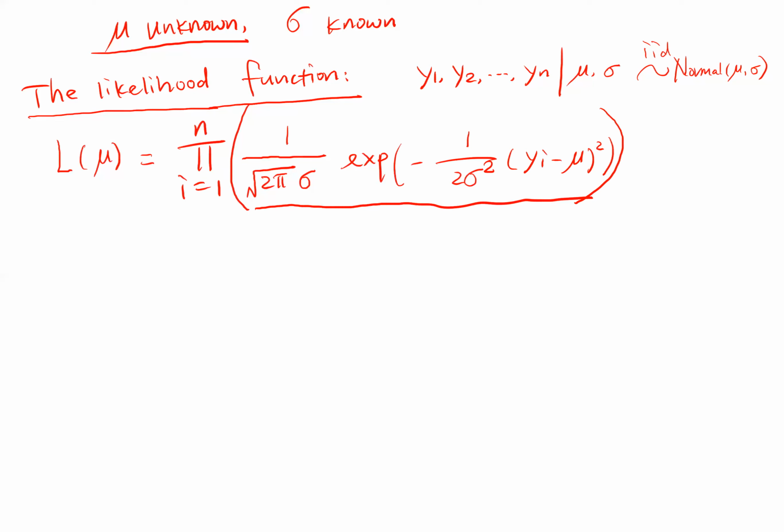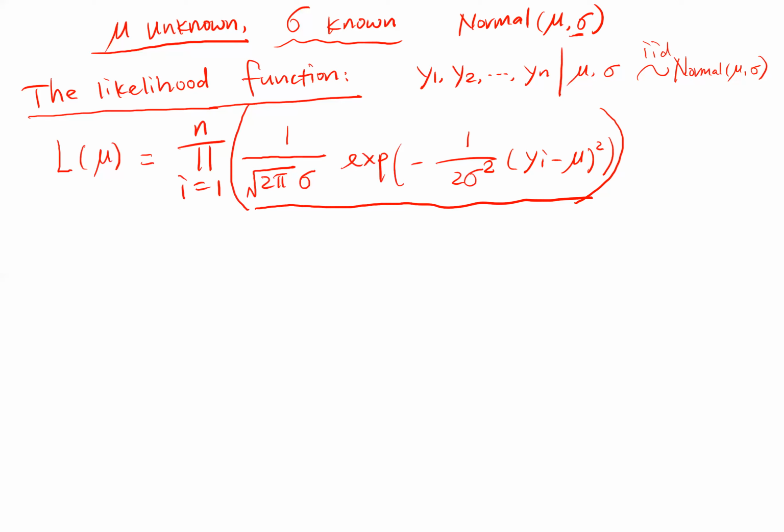Okay. I mentioned to you earlier that while we usually understand the normal in terms of mean and standard deviation or variance, it will be easier for us to think about something we call precision. Let me give you the definition again.